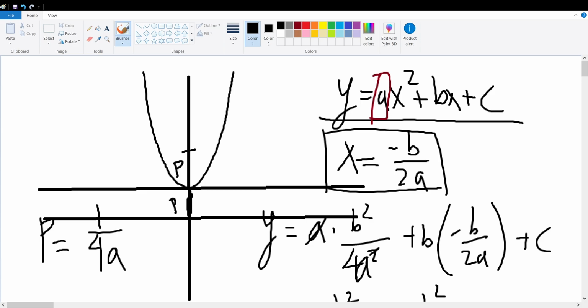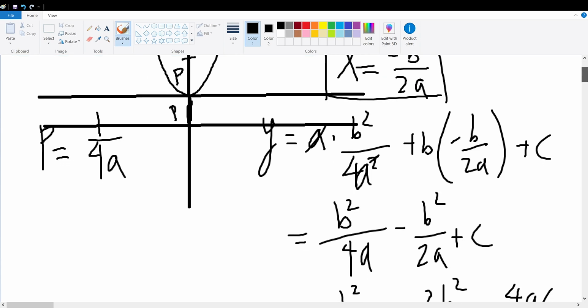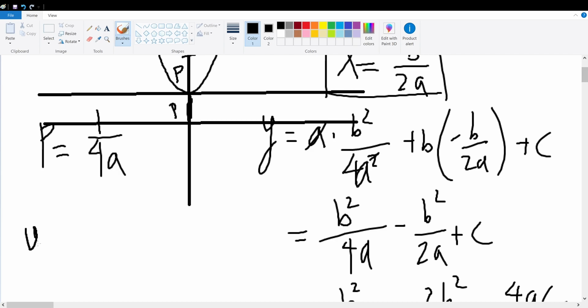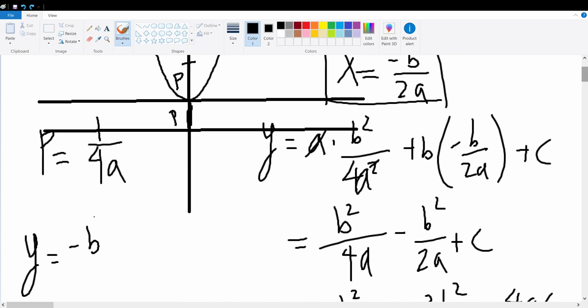More specifically, we can find the directrix of a parabola represented by the equation y is equal to negative b squared plus 4ac over 4a minus p.